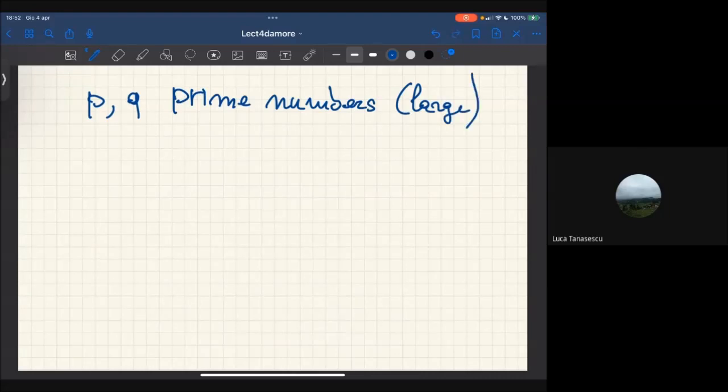And we call it big N, the product, P times Q. And we rely on the fact that the product of two large prime numbers is very, very big.